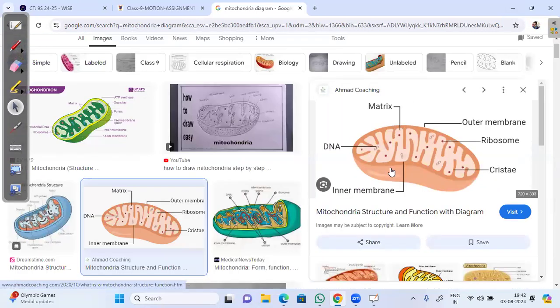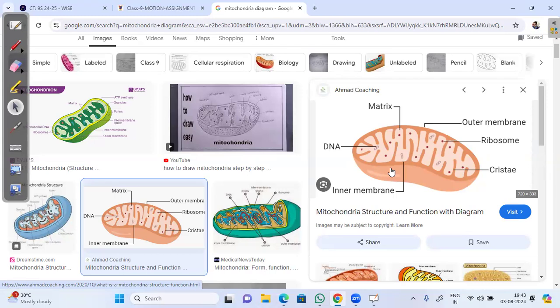Okay. So there are some labelings which we missed out, like the outer membrane and the inner membrane. Then the matrix, I told you that matrix is the gel-like material which is contained in these foldings. And these foldings contain the F1 particles. Also the DNA is present in them. Okay.